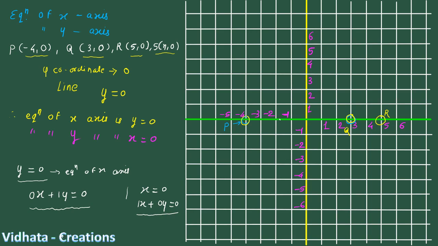Thus, we have different types of forms of the equation. In the previous article you studied y is equal to kx, and here you have studied the equations of the x-axis and y-axis respectively. In 10th standard we will study more interesting types of equations, such as slope intercept form, double intercept form, and so on.